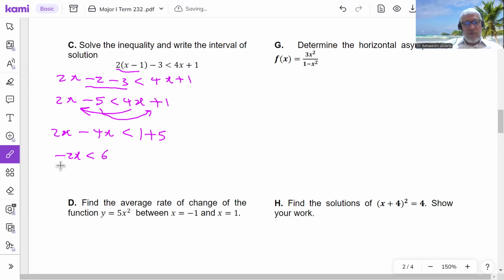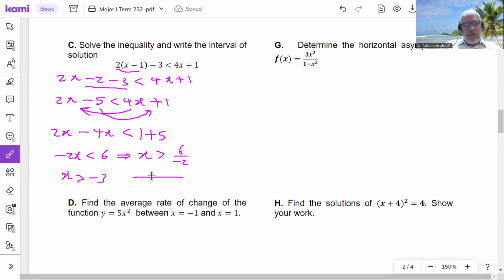Now we need to divide by negative 2. Whenever you divide or multiply an inequality by a negative number, you change the direction. So x would be greater than 6 over negative 2, which is negative 3. So x is greater than negative 3.